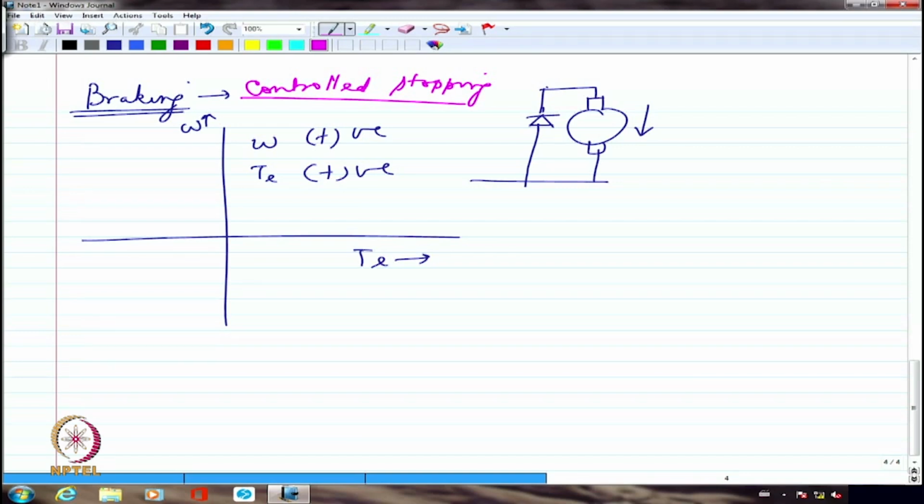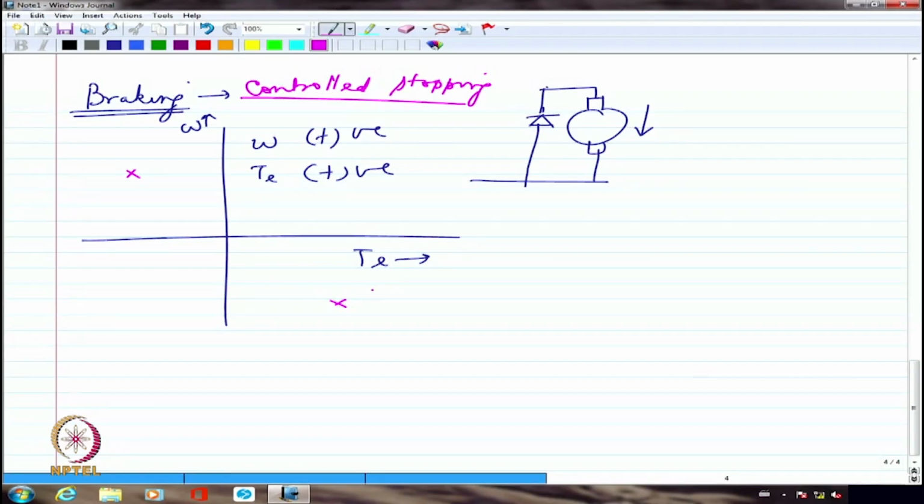Controlled stopping will always involve the speed being opposed by the torque. So if I have positive speed, I might have negative torque. Similarly, if I have negative speed, I'm going to have positive torque. So these two quadrants in the speed-torque plane are meant for braking.